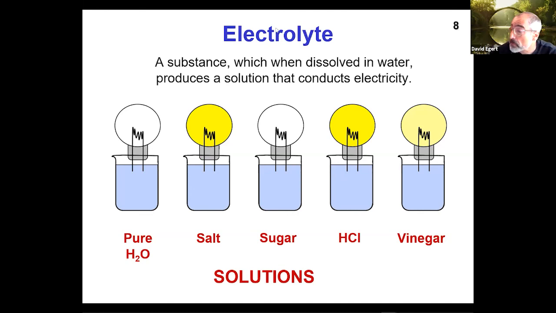So in fact, if you look here, in this picture where they have vinegar, vinegar is kind of a weaker electrolyte. There's not as many free charges floating around. That's why the bulb looks less bright. In fact, we're going to talk about weak versus strong acids and electrolytes in just a moment, because that's going to be important for understanding buffers, which are part of the lab.